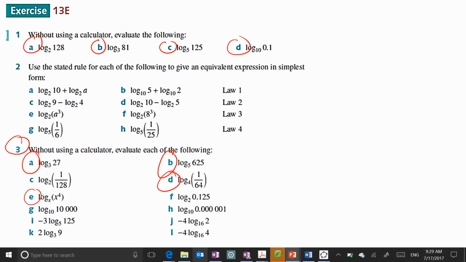Let's try that one. That one. That one. Alright. We'll stop there for now. That should be enough for the next 5 minutes. So those questions: 1 A, B, C, D. 3 A, B, D, E, G, I, K.